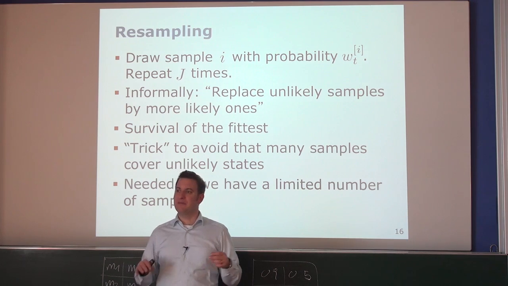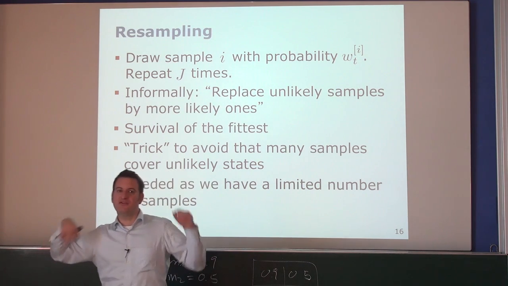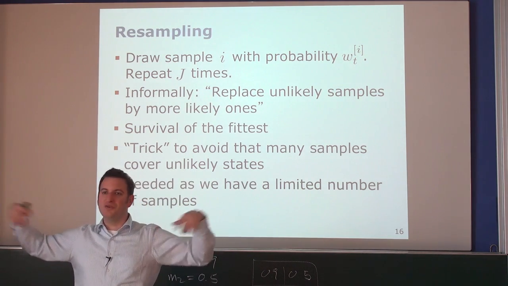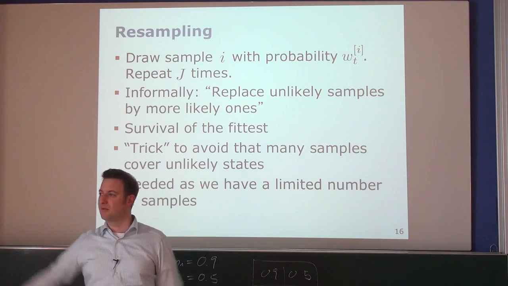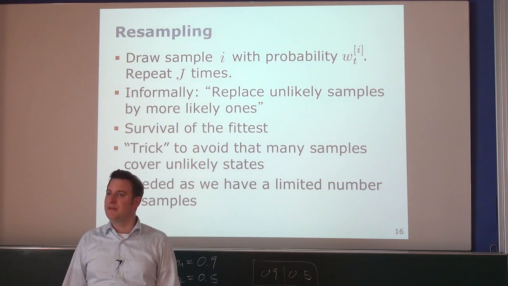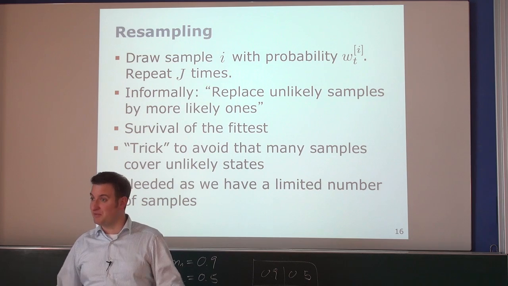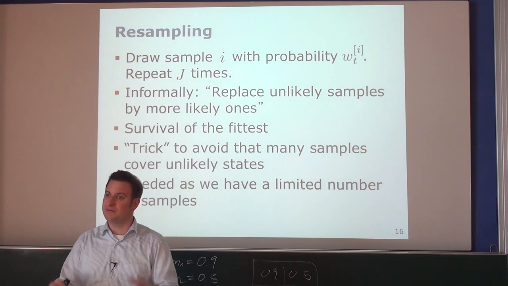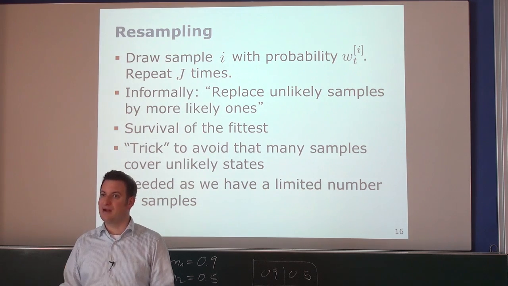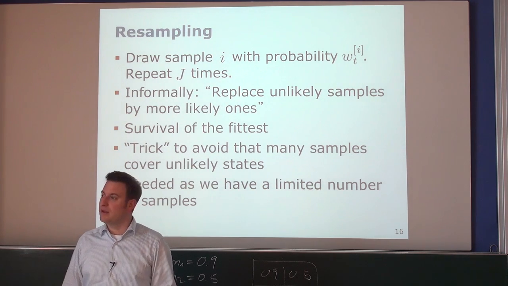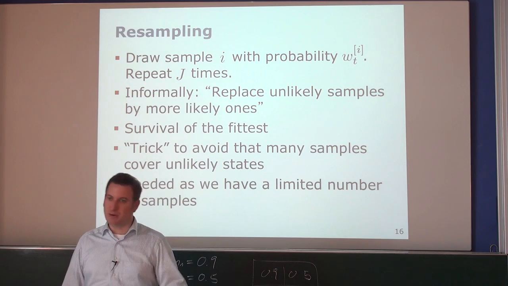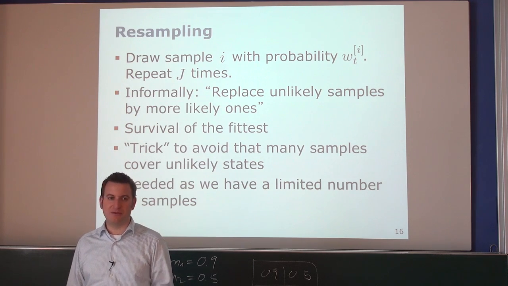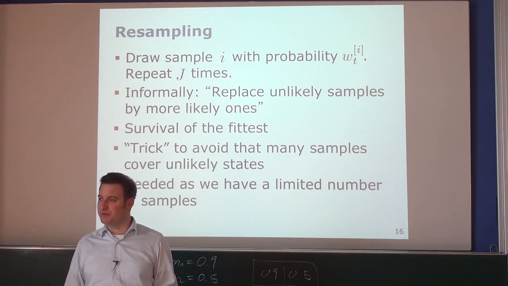Because it can happen that, let's say, we make a few wrong decisions and the particles go into areas which have basically zero probability. If we have an infinite number of samples, we don't care if a large number of samples go to these unlikely regions, as long as we have enough samples in the areas with high likelihood. But in all practical applications, we only have a finite number of samples we can represent on our computer.